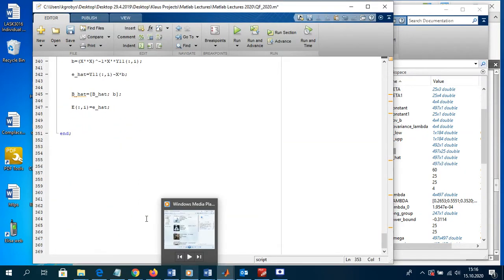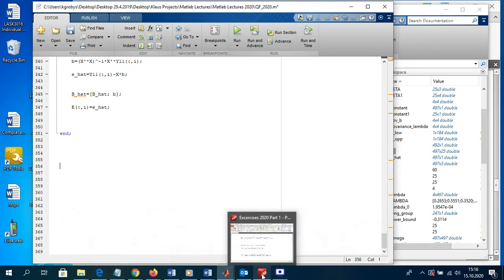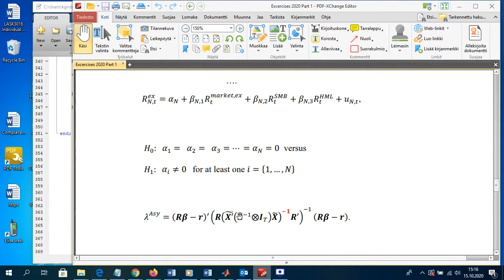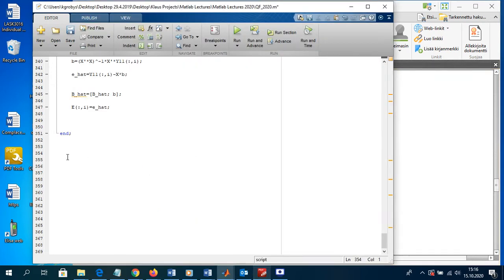So the next step is we want to get this sigma matrix. We want to estimate the sigma matrix. So let's define it as sigma, and it has the dimension n by n, right? Because we have n equations.